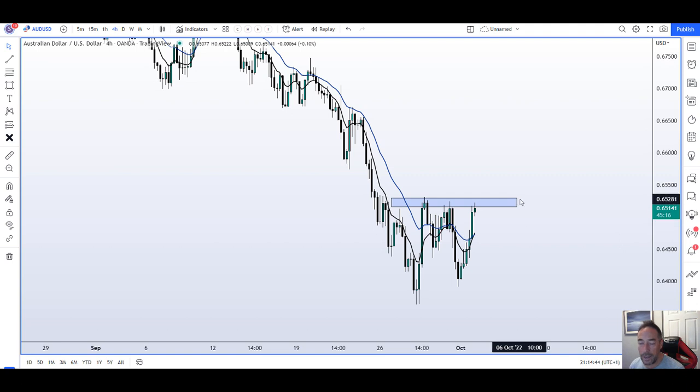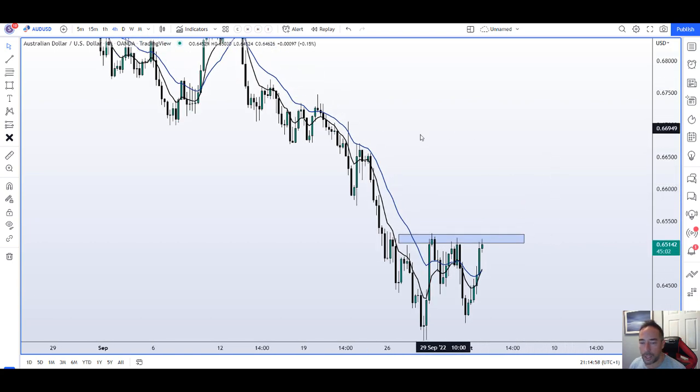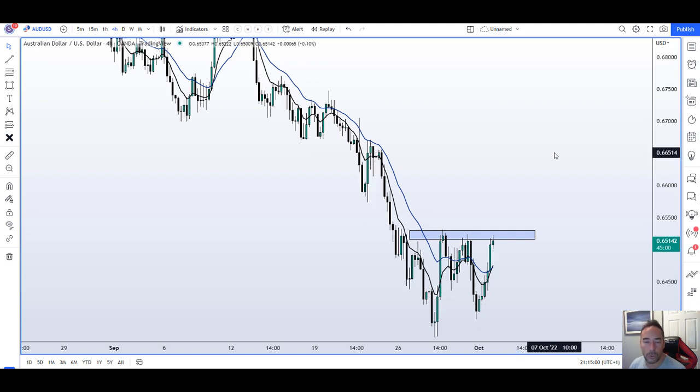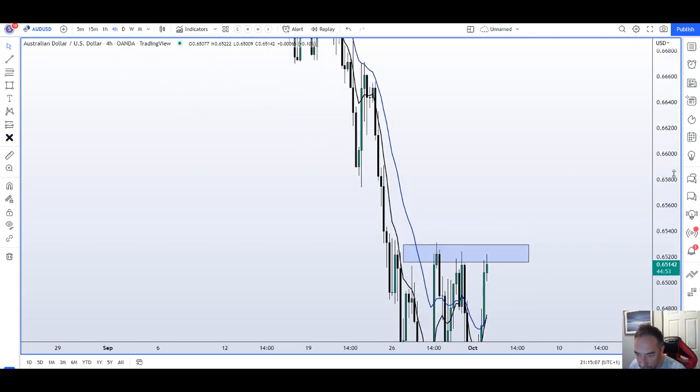So if you're interested in counter trend moves, I would be looking for a break and retest of around about 65, we'll call it 65.25, somewhere around there. But I also like to use moving averages for entries as well. So I'd want those moving averages to be bullish, which are just about crossing at the moment.